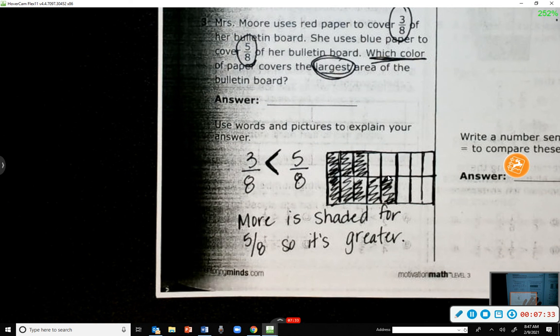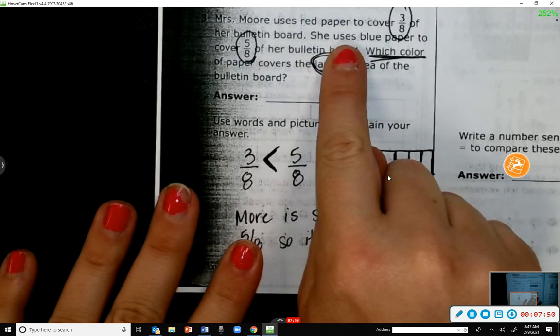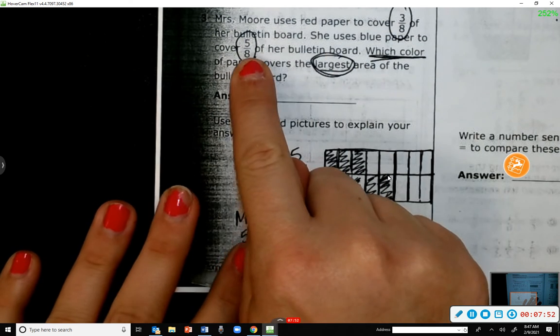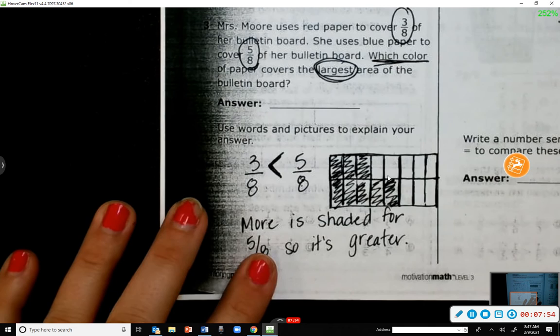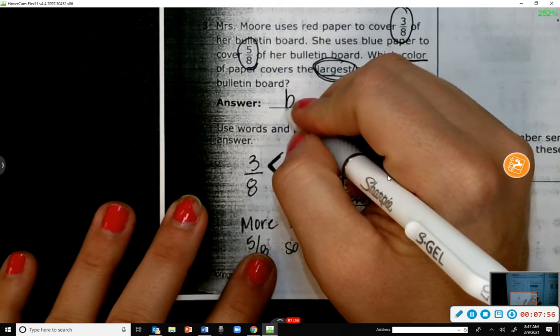Go back and read. Blue. It's blue. 3/8 is red. Okay. Now what is our answer? Blue. Good. Because she uses blue paper to cover 5/8 of her bulletin board. So blue is the correct answer.